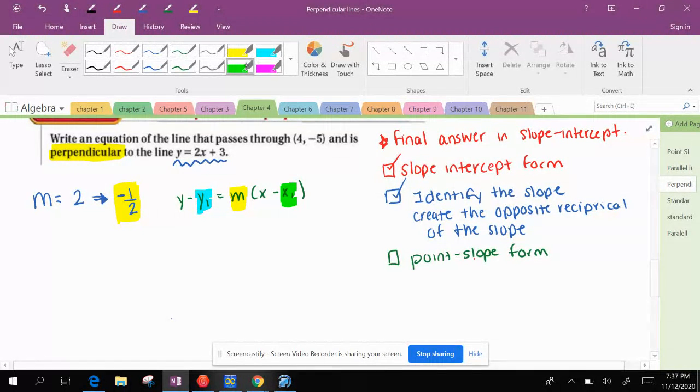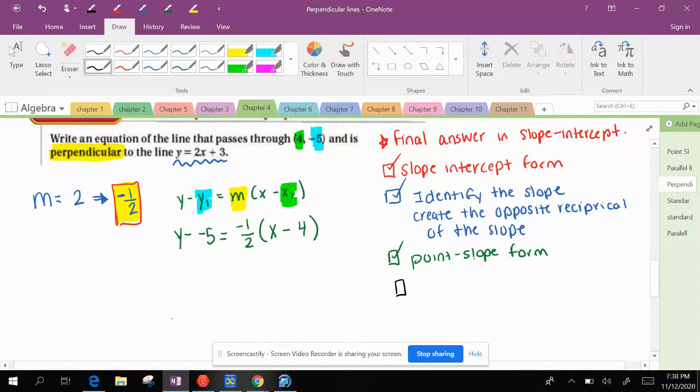I look back at my directions, I notice that I have an x and y right here, and my new m is right over here. So I'm going to fill in my blanks: y minus my y, which is -5, equals my slope. Well, my perpendicular slope is -1/2, times x minus my x value, which is 4.